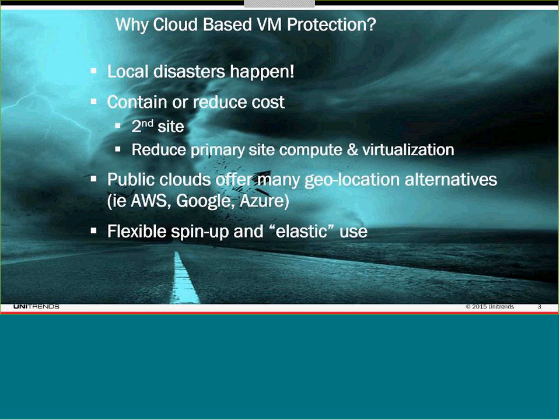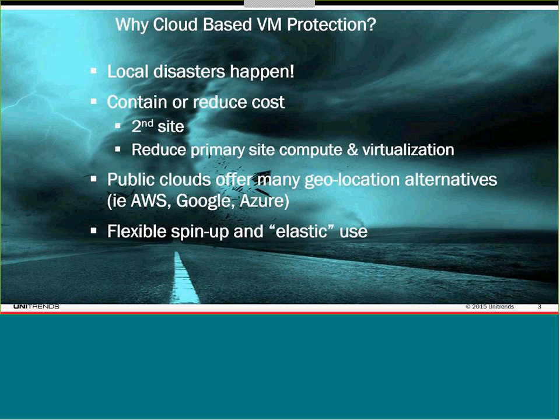So not just eliminating that second or third site, many customers have told us that they're actually reducing their physical infrastructure even in their primary site, in some cases permanently migrating VMs to a public cloud and parking them there for use as needed, or spinning them up and eliminating their local VM. This will help to contain costs on both the software virtualization and, of course, the physical infrastructure side.